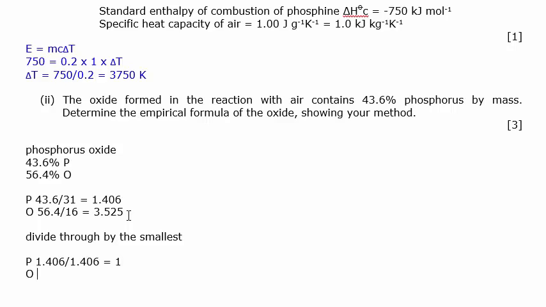And the oxygen is 3.525 divided by 1.406. This is where we need the calculator. That comes to 2.5.